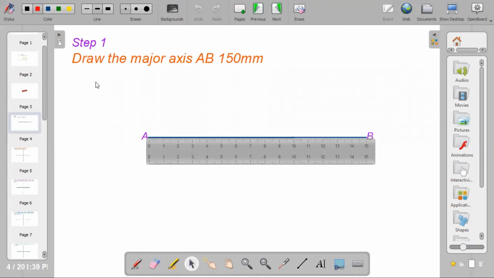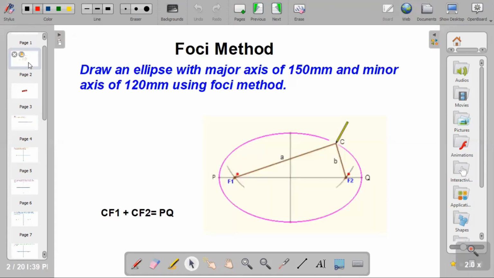The first step is to draw the major axis, which is 150 mm. From the question, we have an ellipse with major axis 150 mm and minor axis 120 mm.